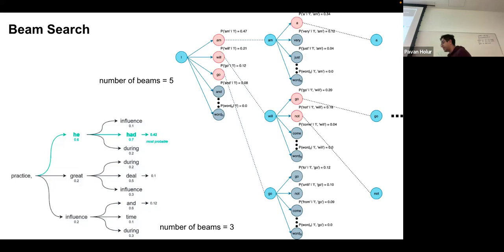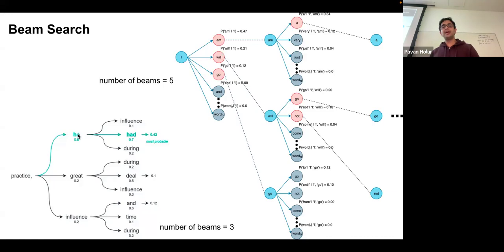Another point to make here is very important. We have already talked about the fact that large language models are doing a classification across the tokens, right? You have a set of tokens. In this example, in this first layer here, you have he, great, influence. So we have generated some amount of text, and the next tokens that are most likely are he, great, influence.